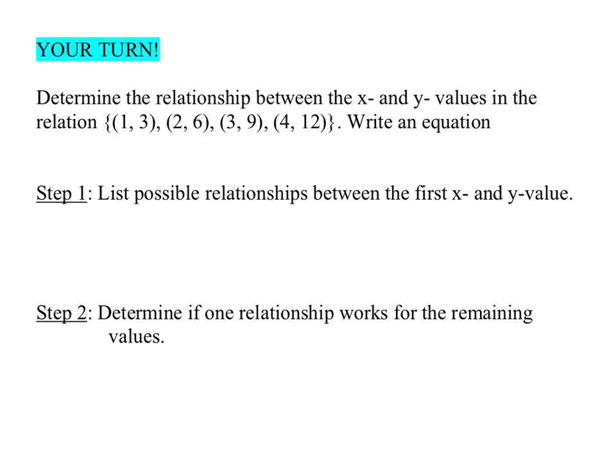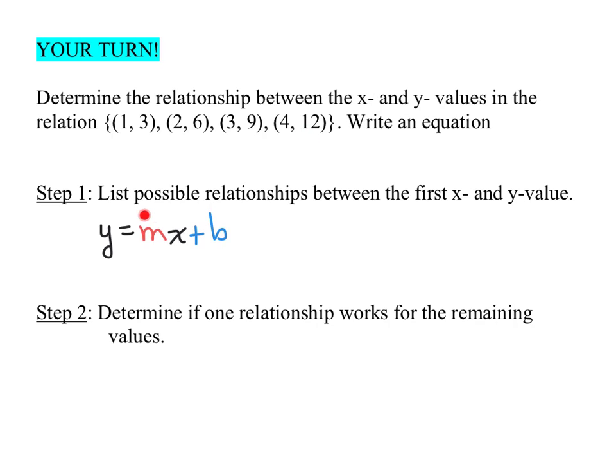Okay, so we noticed that there was a common difference between the y's, and the y's are increasing by 3. And so the possible relationships, if it happens to be linear, now not everything is linear, but if it happens to be linear in the form of y equals mx plus b, we might want to try that first. Because as x is increasing by 1, y is increasing by 3.